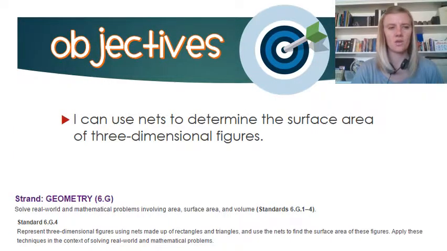So your objectives for this lesson are that you can use nets to determine the surface area of three-dimensional figures. We have talked about nets, we've talked about three-dimensional figures, and the reason why we learned how to do nets is specifically to find the surface area of these three-dimensional figures.